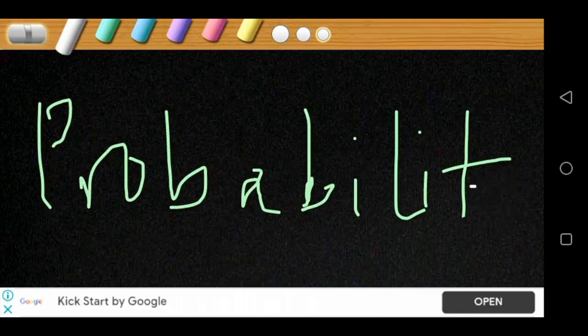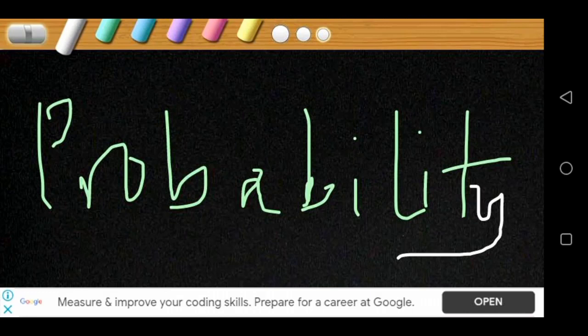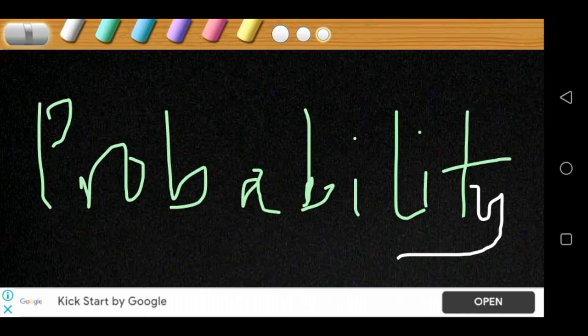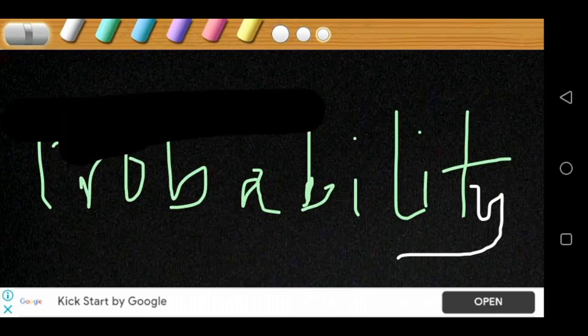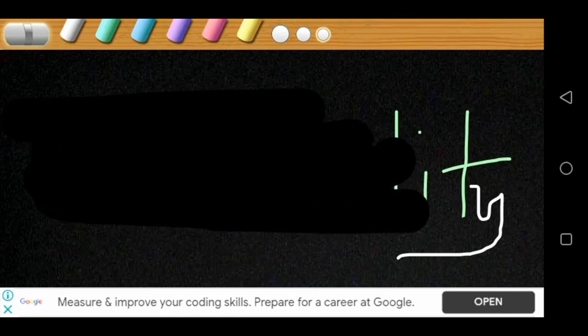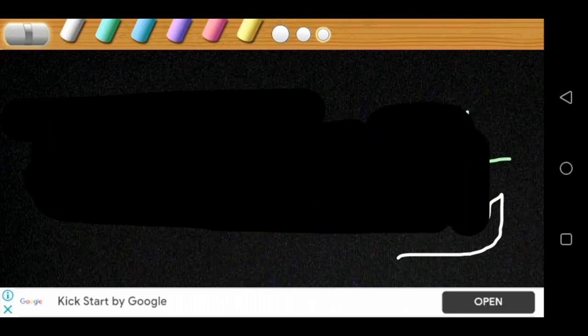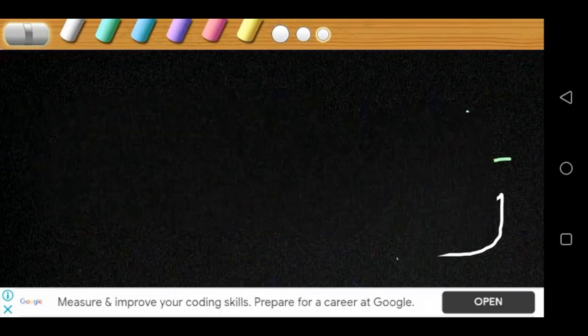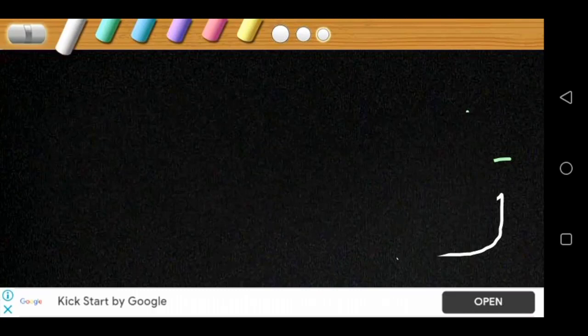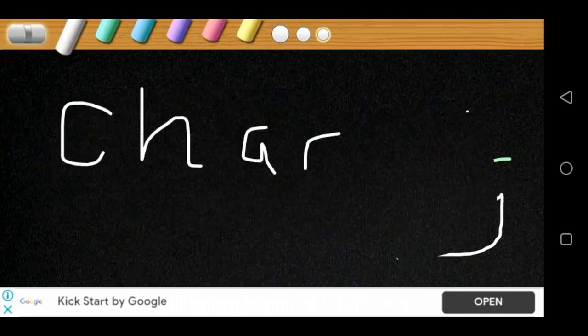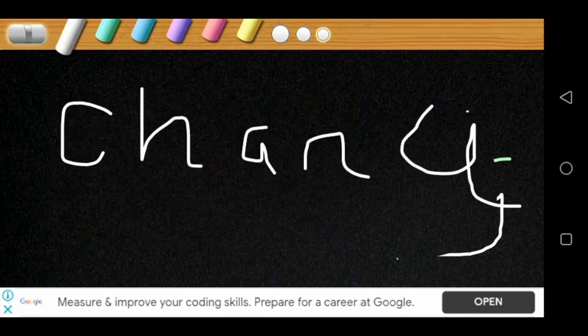That's the simple definition of probability. You can write it down: the probability of something happening is the chance or likelihood of that thing happening.